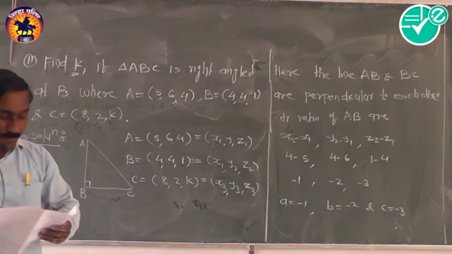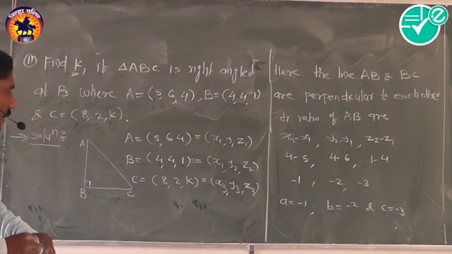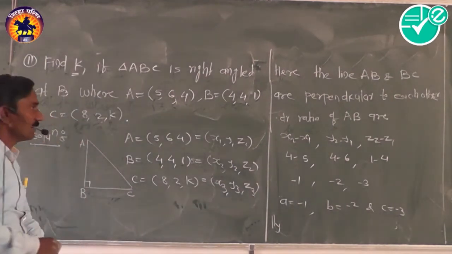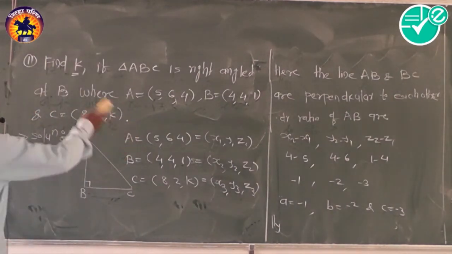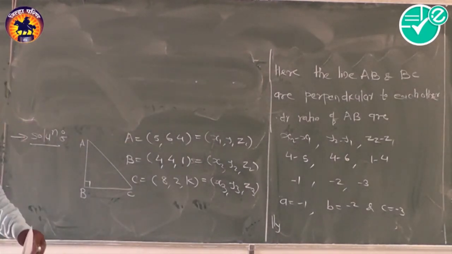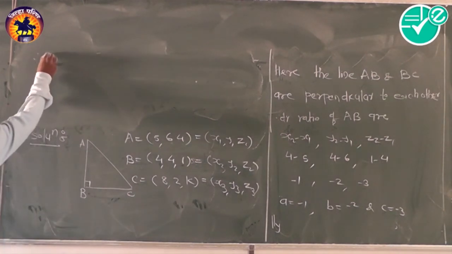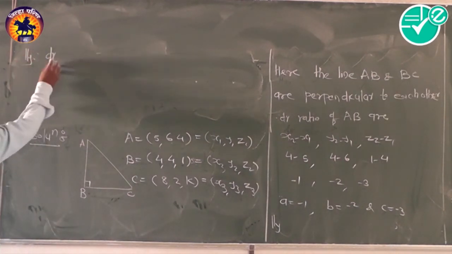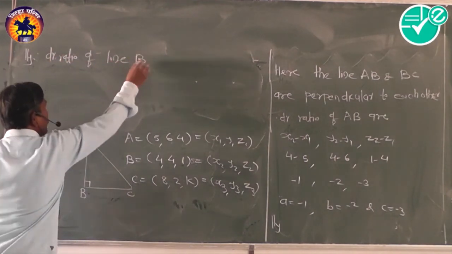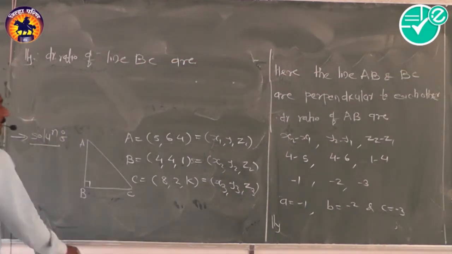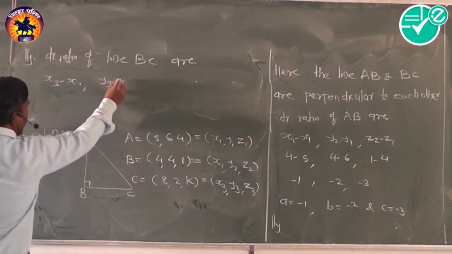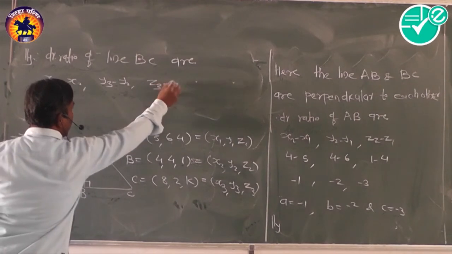Those are the direction ratios of the line AB. Similarly, the direction ratios of line BC are x3 minus x2, y3 minus y2, z3 minus z2.